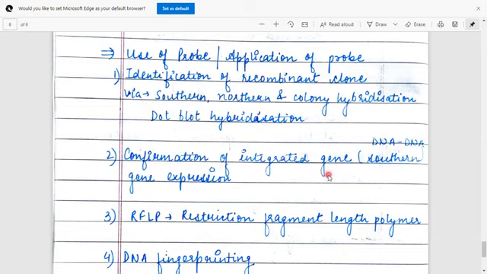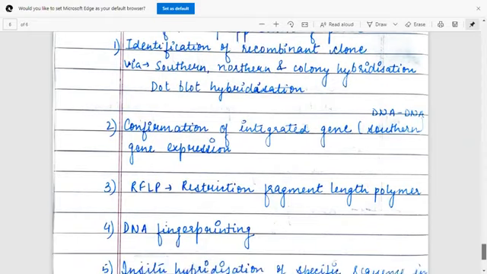Just as I have explained, the gene of interest has been taken, inserted into the vector and then transformed. Then it has been propagated and cloned, so that gene is integrated, and that can be made clear through this.